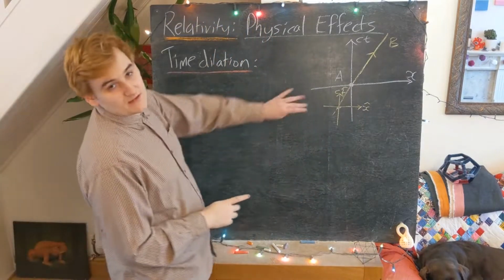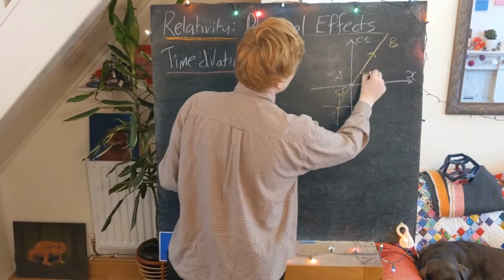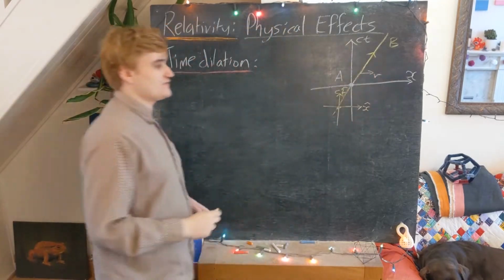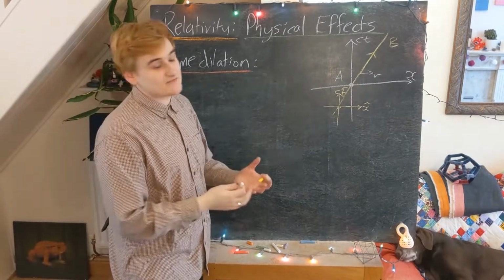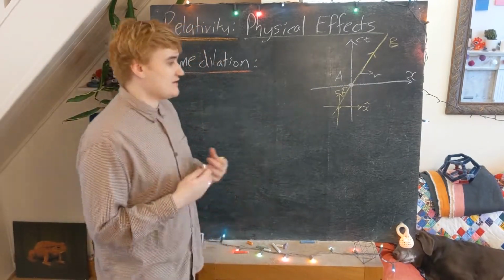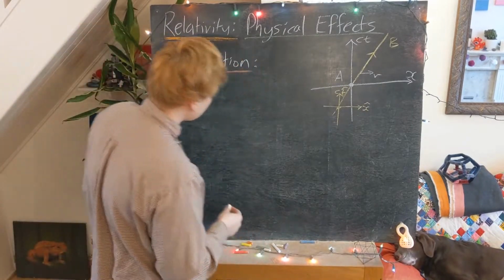And now, of course, we can Lorentz transform between these two observers. B is moving with some relative velocity through the A frame, so we can just use a Lorentz boost to transform between the CT and CT hat coordinates.